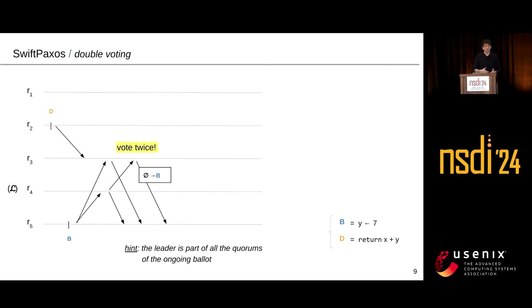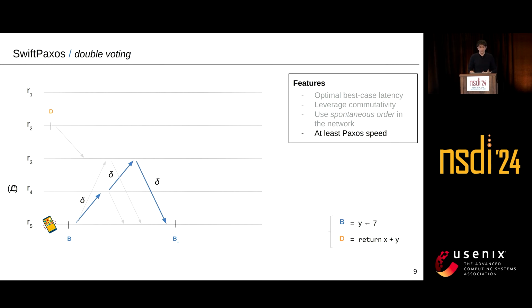This is possible because at a given ballot, the leader of the ballot is a member of all of the quorums of that ballot. If such an assumption holds, then it is possible to do such a vote correction, a double voting mechanism. So this ensures that in the worst case, we have 3 message delays, that is Paxos speed, to execute a command.